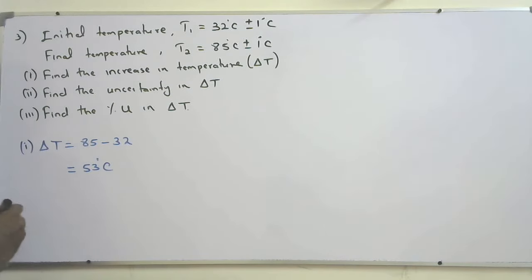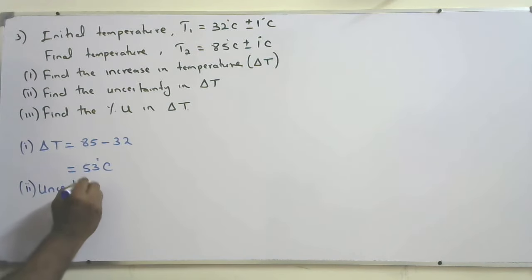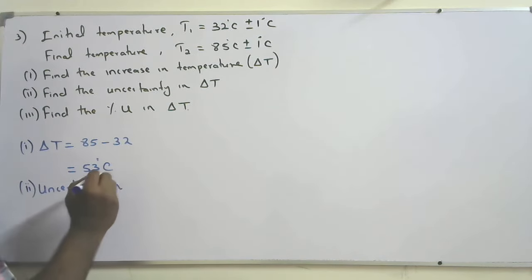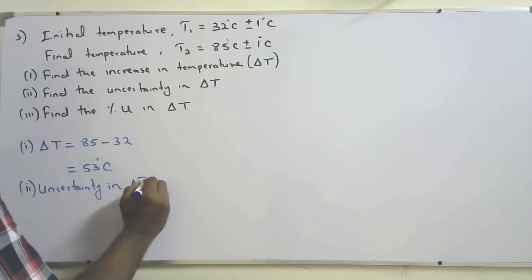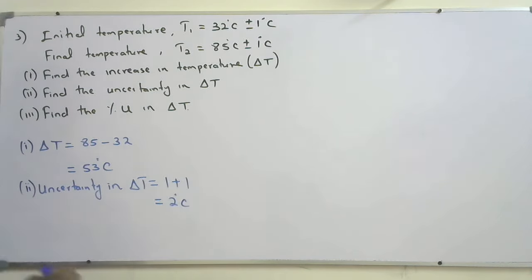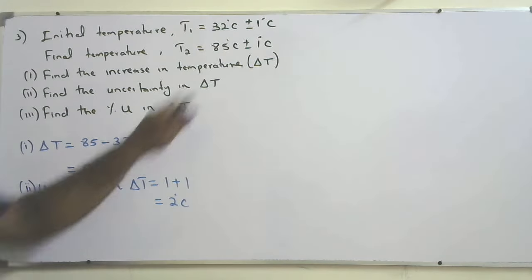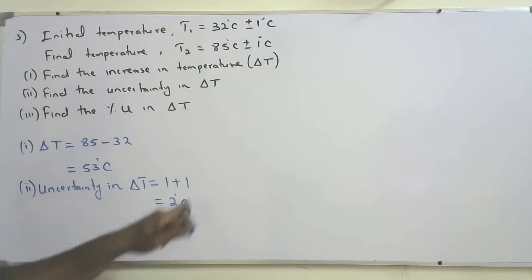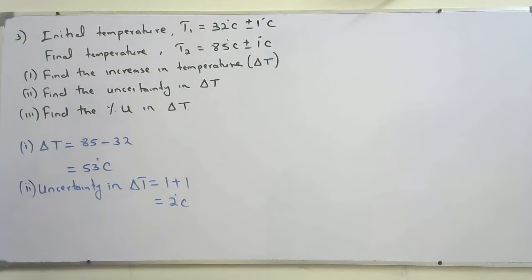So the second part, how to find the uncertainty in delta T: it will be equal to 1 plus 1, that is equal to 2 degrees Celsius. That is the uncertainty, because the uncertainty of this one is 1, and this is 1. So we need to add, whether you are adding or subtracting the measurements.